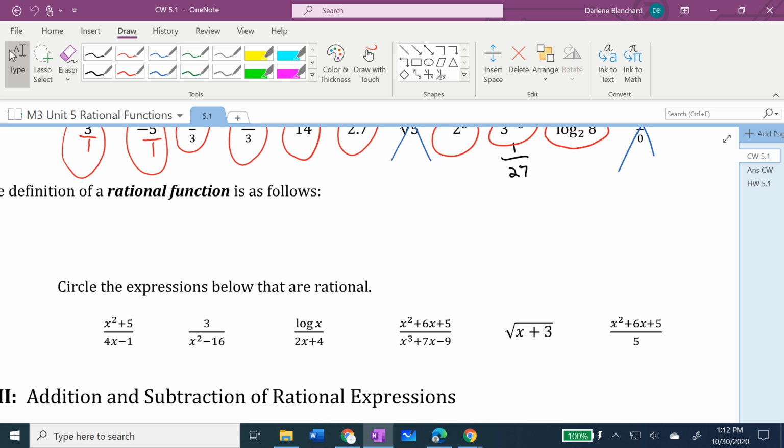Okay. For the very first one, do you think that this first one is a rational function? Is it a polynomial divided by a polynomial? Yes. Is the next one a rational function? Is it a polynomial divided by a polynomial?